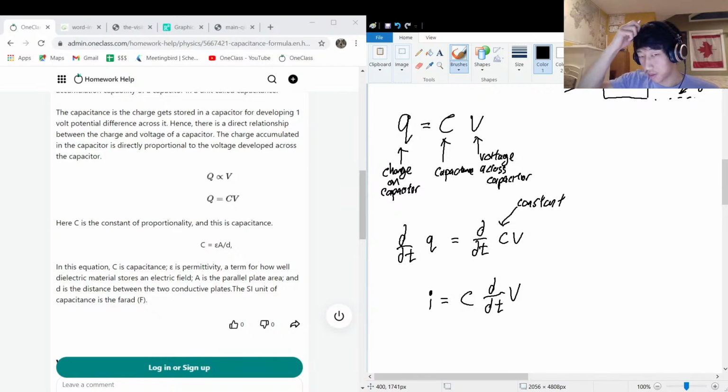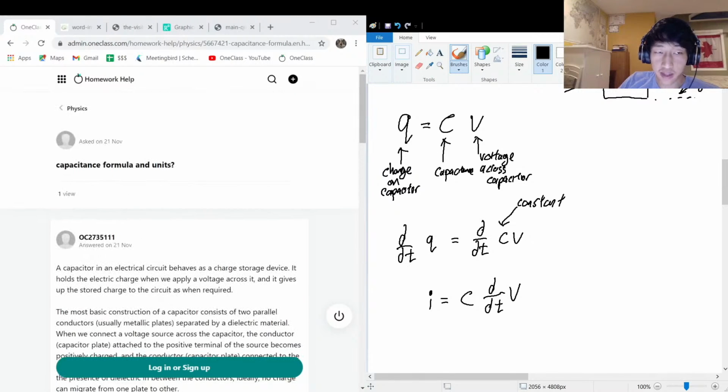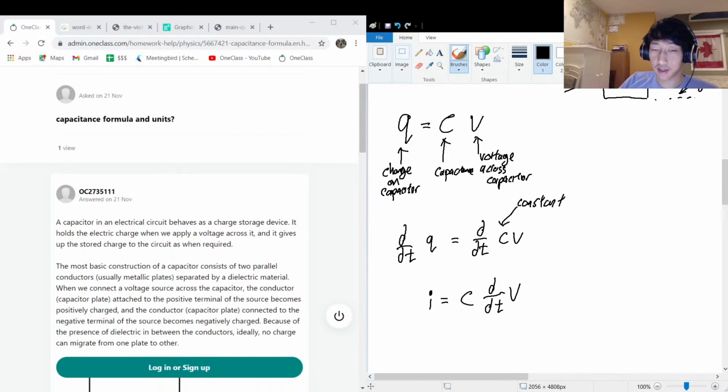Okay, hopefully this helps address the question. The unit is farads, named after Faraday, and there are multiple different equations that involve a capacitor's capacitance. Fun stuff like this.